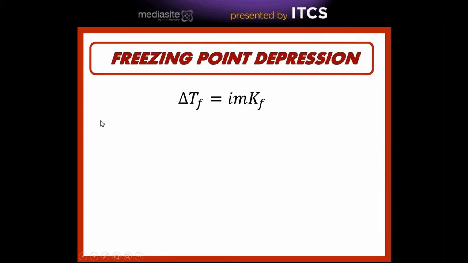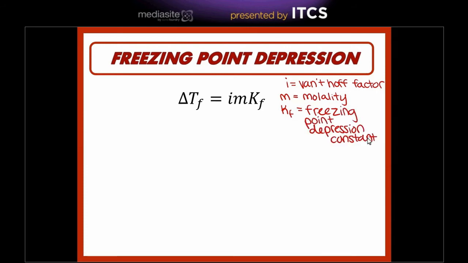And so freezing point depression is designated as delta T sub F, and it's equal to i times m times Kf. Now i is equal to the van 't Hoff factor of your solute, m is the molality of the solution, and Kf is the freezing point depression constant for the pure solvent.